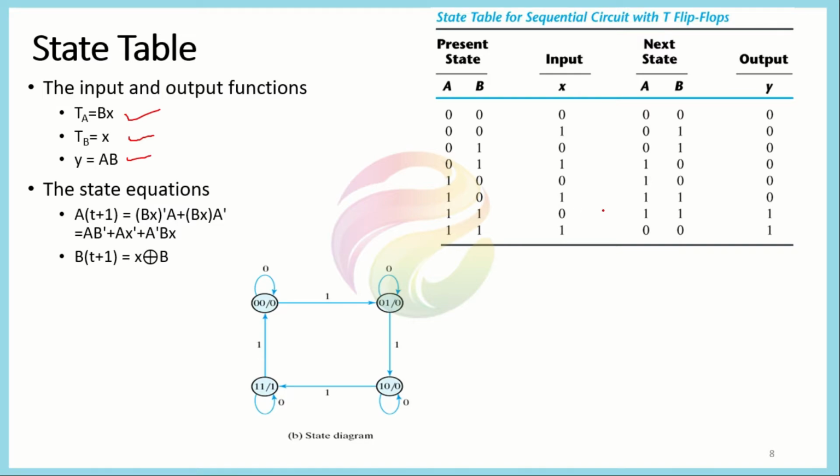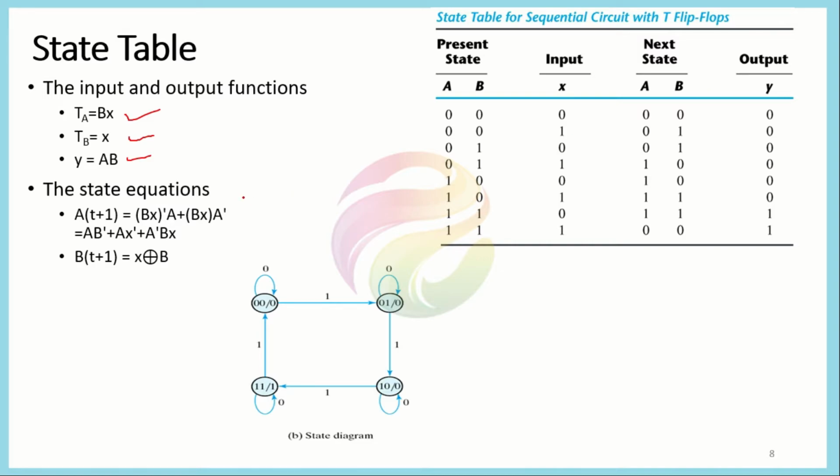One is to write a separate section representing the input equations of these two flip-flops, or we could write them in the form of the characteristic equation of the next state, A(t+1) and B(t+1).